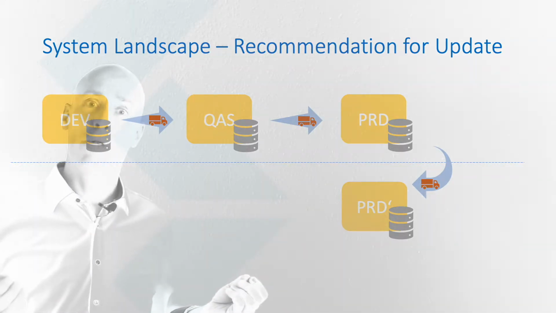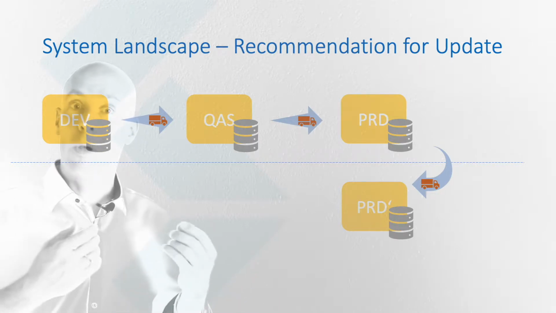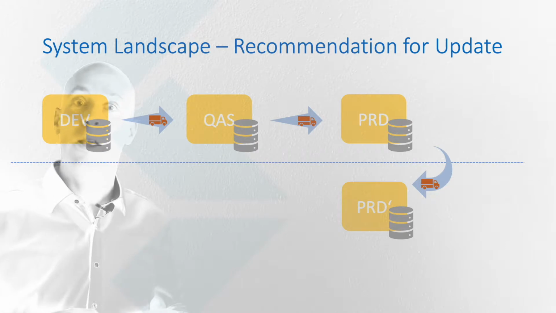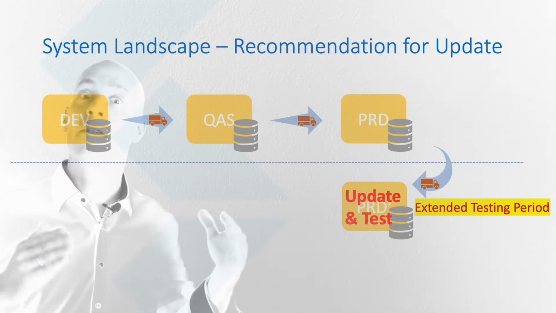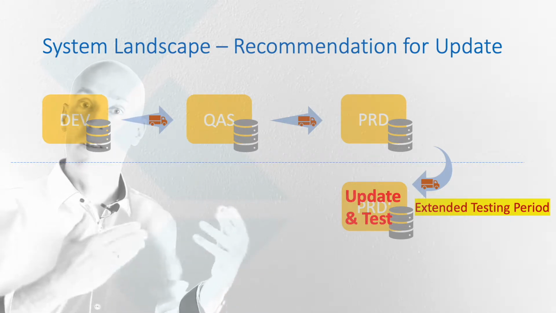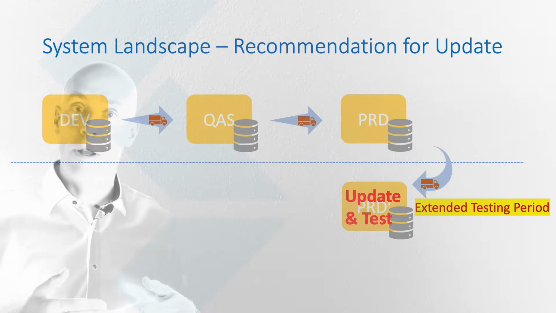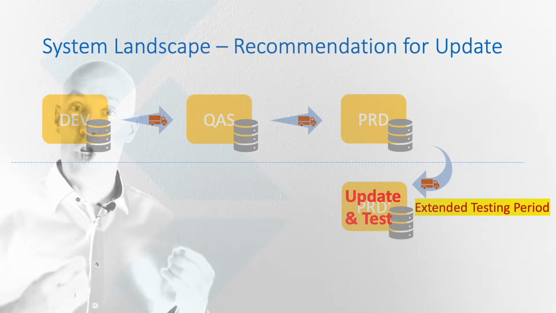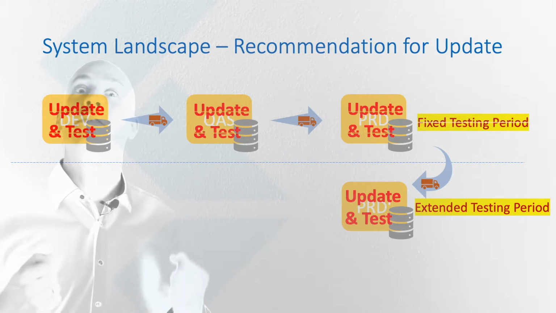Disadvantage: you have to provide extra hardware, but the advantage: you can test everything on the independent system and you can extend the testing period. And later on, when your system landscape is affected, testing period can be extremely short, as you already know the pain points.